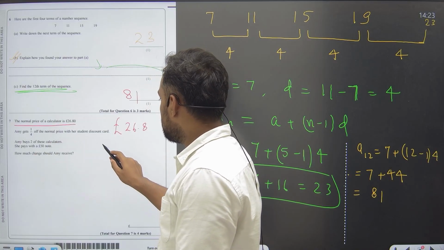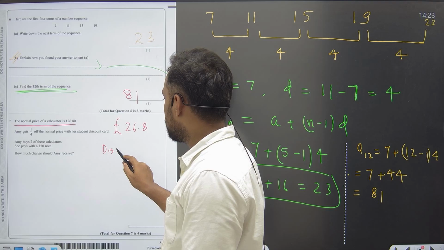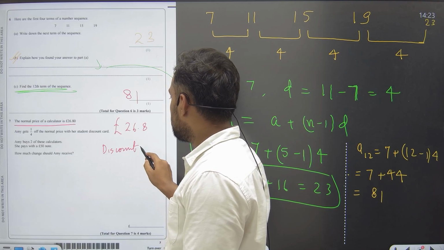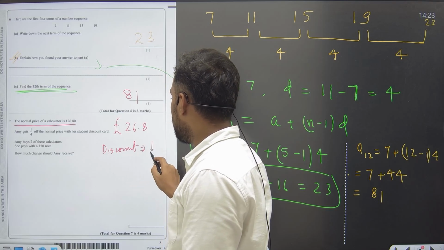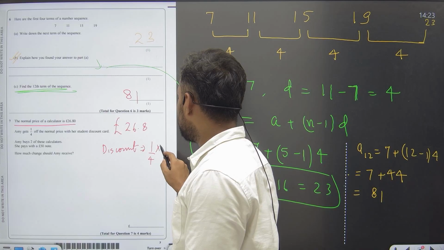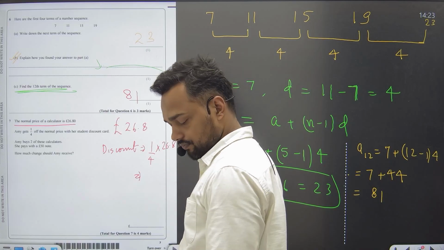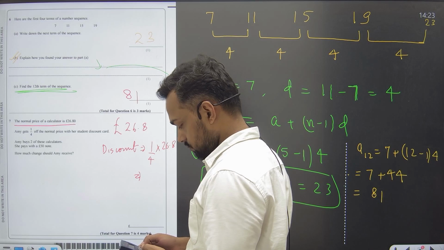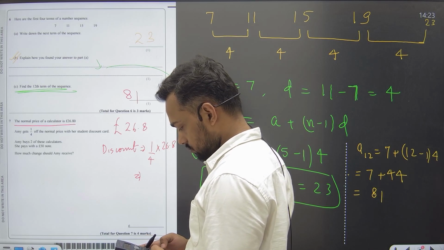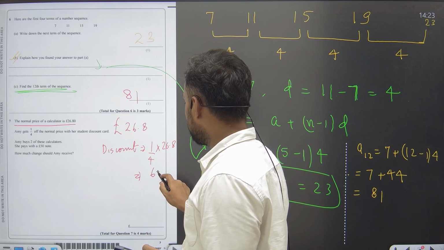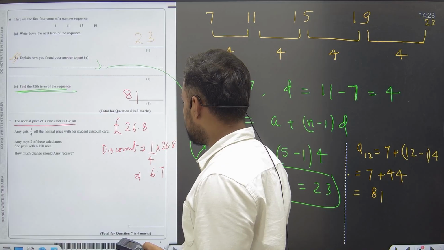So the discount Amy is receiving is 1/4 of 26.8, which equals 6.7. So this much discount she is receiving.